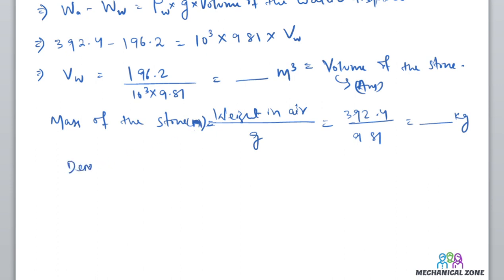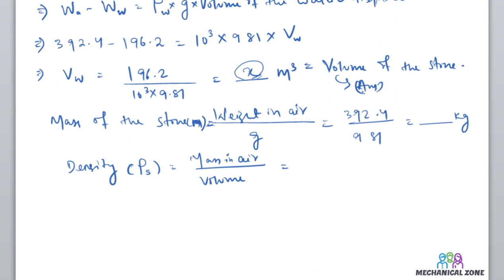Then density. We will calculate the density, denoting by rho the density of the stone. That is mass in air divided by volume of the stone, which we have calculated. Suppose the volume is x meter cube. As I have written the formulas and the values, you do the calculation part, and you write the value of x over here.